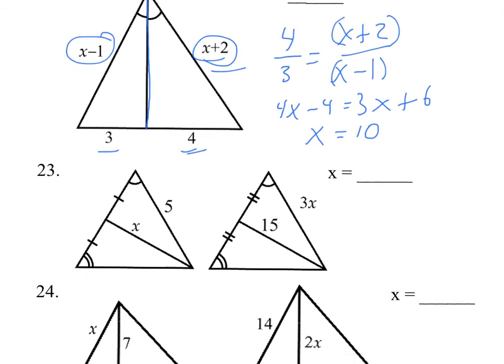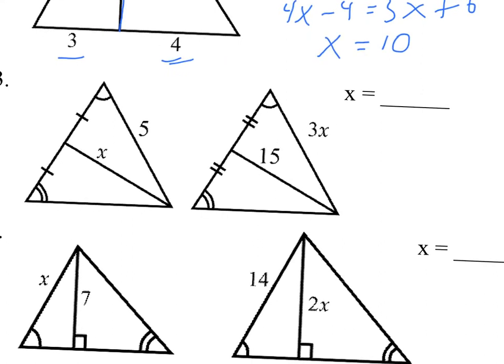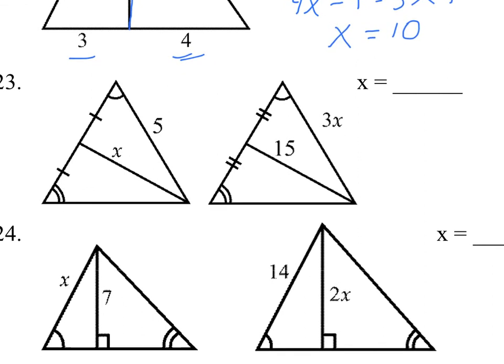Just solving it algebraically. Okay, so now we have these two segments. The triangles are similar because we have two angles that are congruent. And what we have are two ratios, x over 15 is equal to 5/3x.